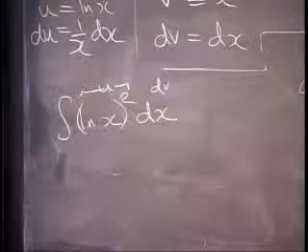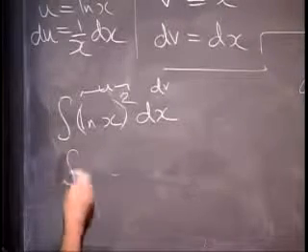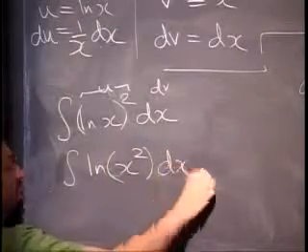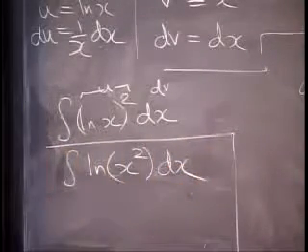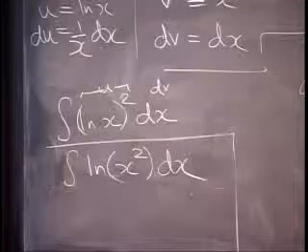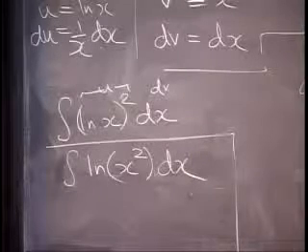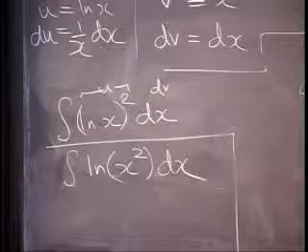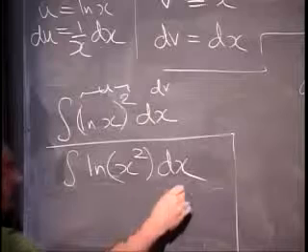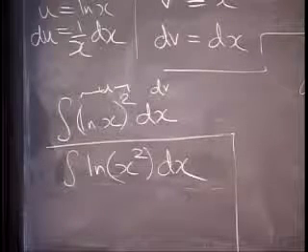By the way, as an aside, how would you do the integral of log of x squared dx? Anyone have a bright idea of how to do that? I would say you would want this to be u, if anything, and that be dv, but there's an even cleverer, sneakier way that you can do this.